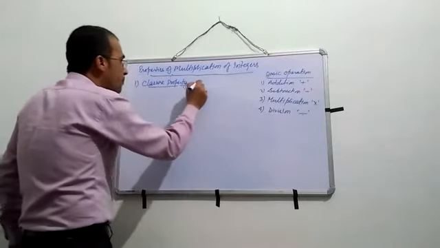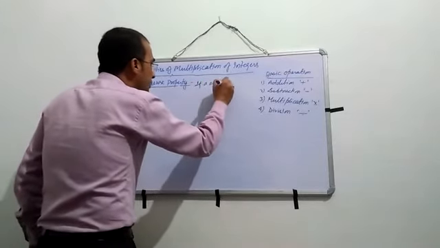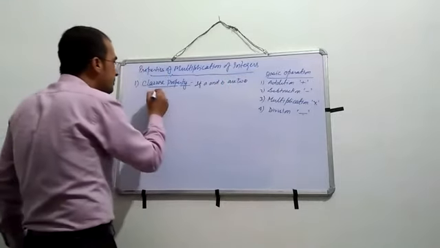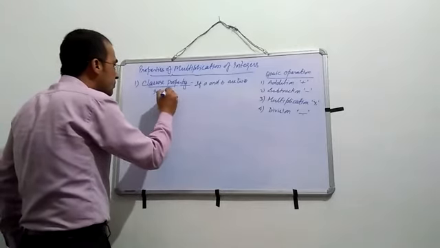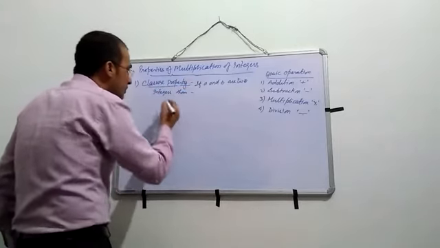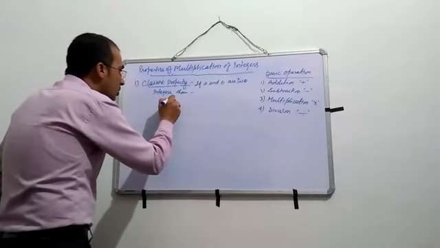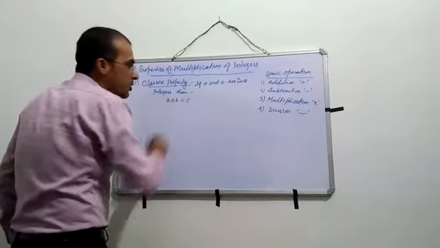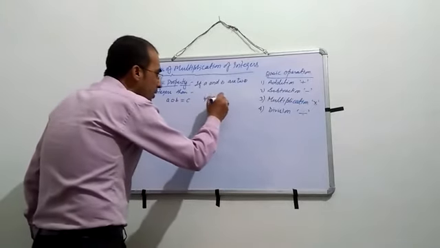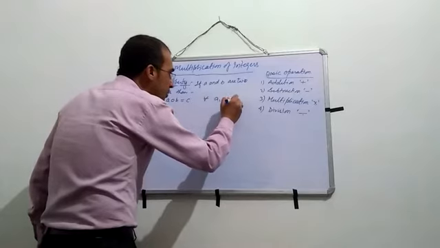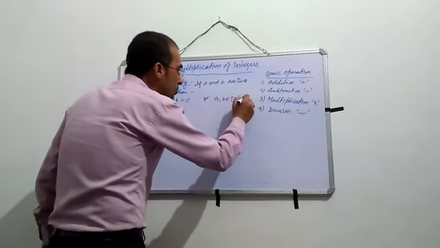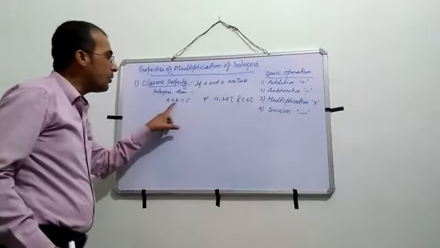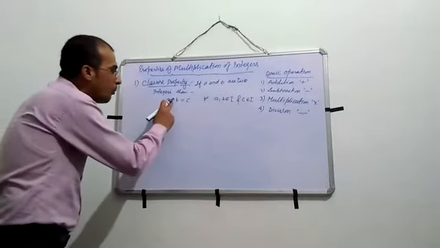If A and B are two integers, then A O B equals C, for all A, B belonging to integers, and C also belongs to integers. What is C? C means A O B. What is A O B? A operation B.